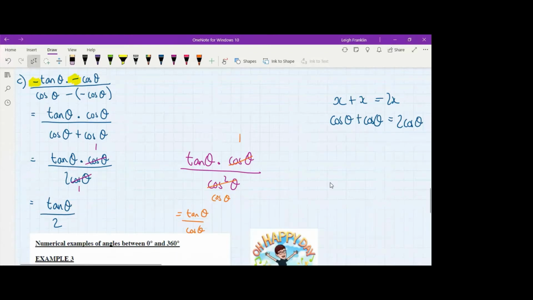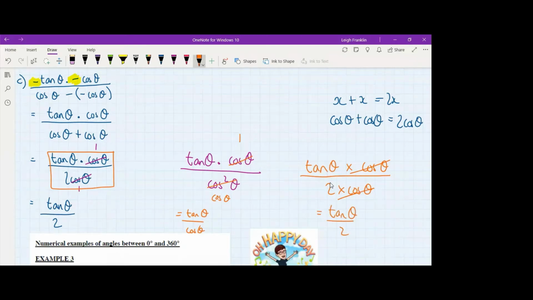All right, so with 2 cos theta, essentially what you've got is tan theta multiplied by cos theta over 2 times cos theta. That's what this means. So when you divide the cos theta at the top with the cos theta at the bottom, you're going to be left with tan theta over 2. That's where it comes from. Okay, so it can be very, very confusing. We've got to be super, super careful about what it is that we're doing.